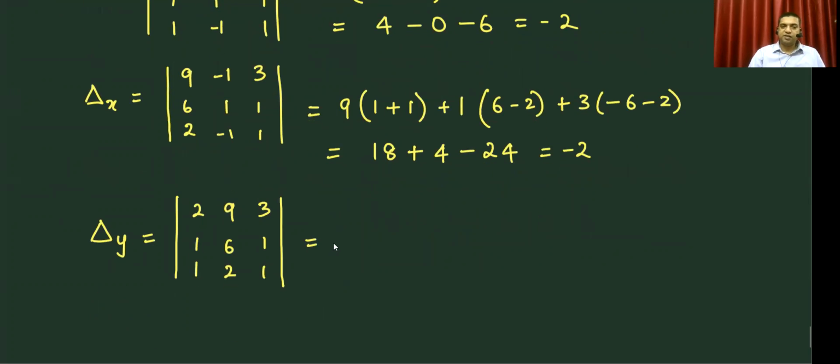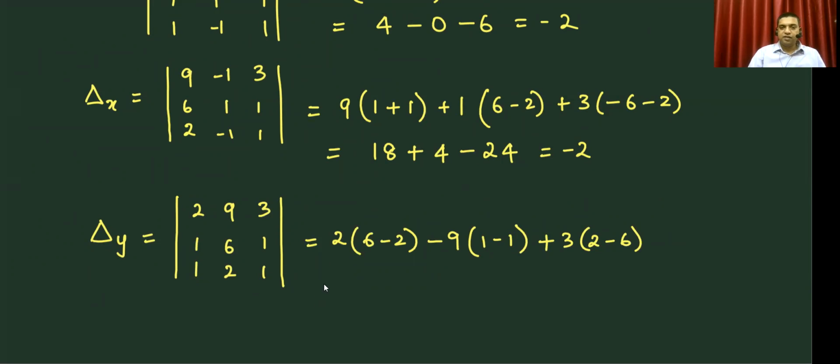Now we have to expand this determinant. 2 times 6 minus 2 minus 9 times 1 minus 1 plus 3 times 2 minus 6.